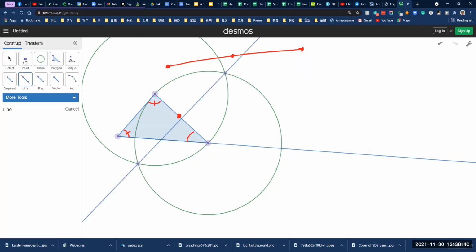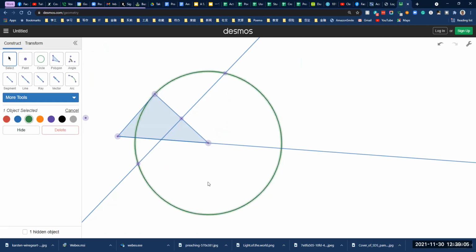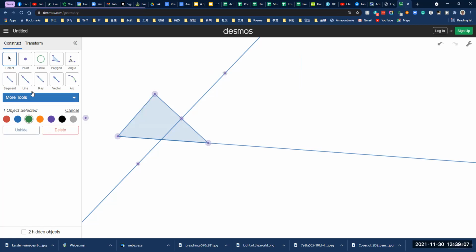Now I find the exact middle point. Let's clean up all that. Once we have that, we can just hide our circles because we don't really need them. Those just help us find this middle point.